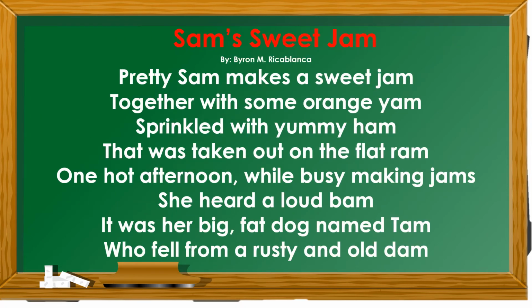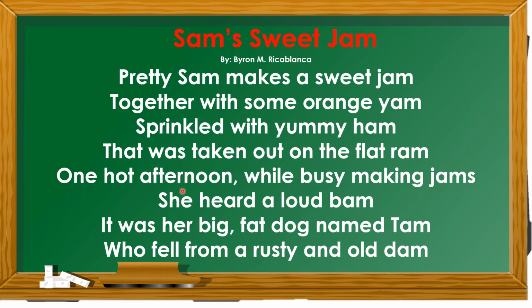So I'm going to read the poem first. The title is Some Sweet Jam by Byron M. Ricablanca. Pretty Sam makes a sweet jam together with some orange yam, sprinkled with yummy ham that was taken out on the flat rock.